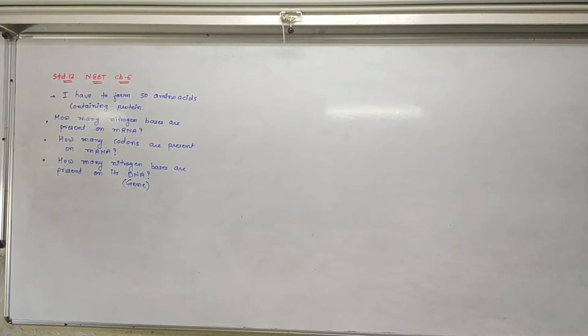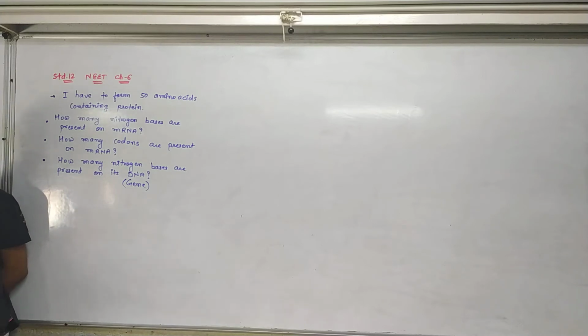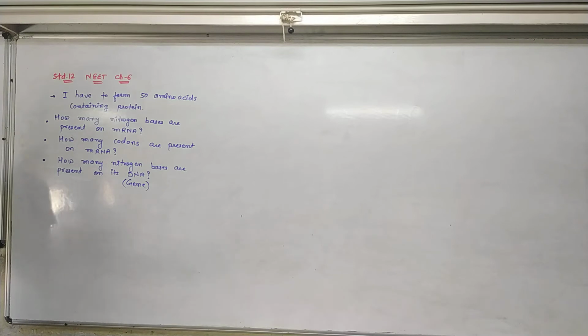Yes, you are right. 50 amino acids for that 50 codons. When I am using the word 50 codons, you have to think about the triplet code. One codon is equal to 3 nitrogen bases.